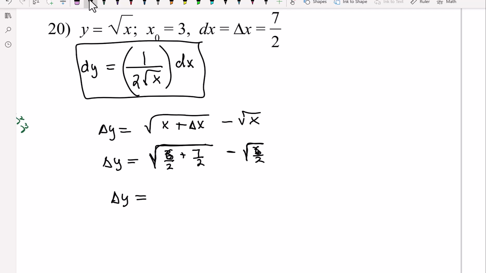So 6 plus 7 is 13. So 13/2 minus 6/2, which is, so we don't want to leave the radical 2, so we're going to multiply top and bottom by radical 2.